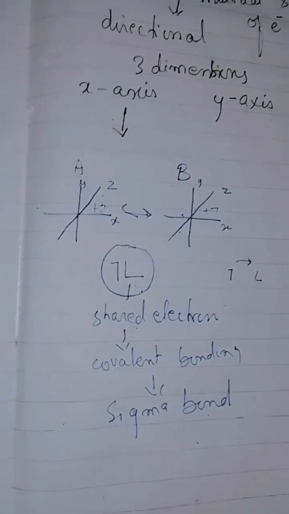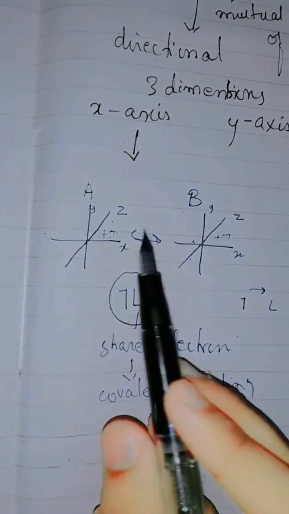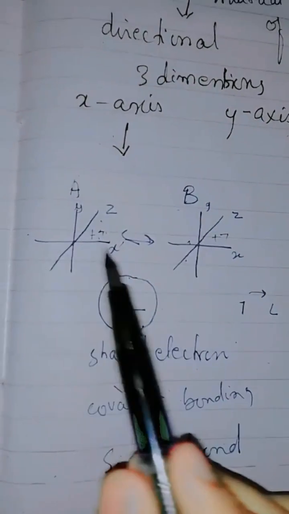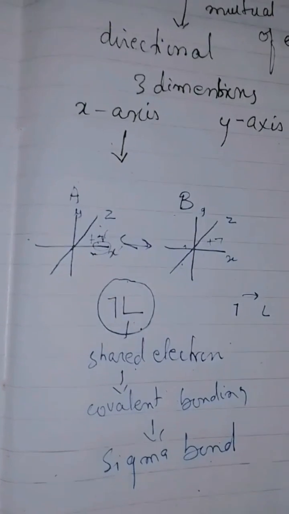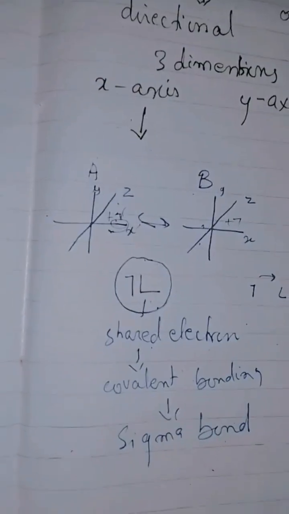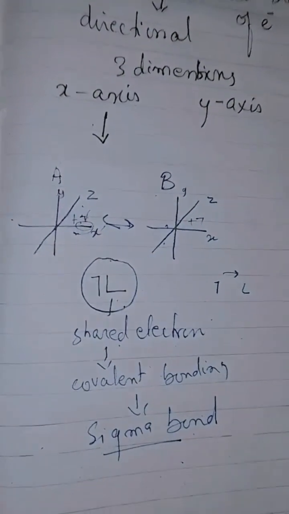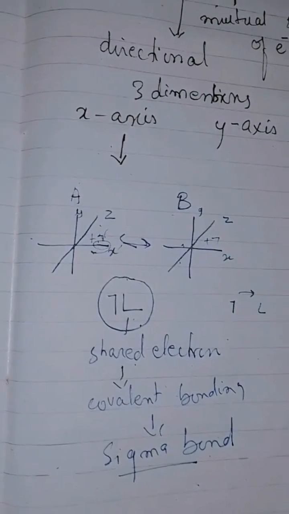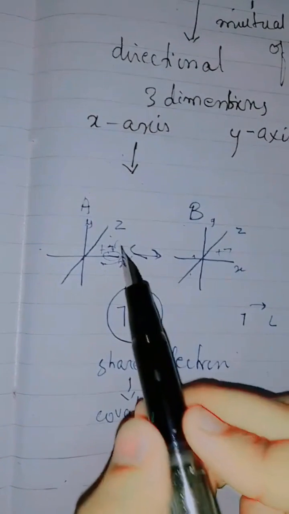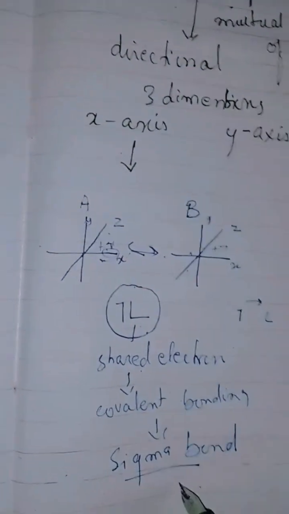When the electron on the x-axis of one atom makes a bond with the electron on the x-axis of another atom, that bond is called a sigma bond. And it is the first forming bond, meaning in every atom the first forming bond will be a sigma bond, since the sharing will be first on the x-axis.